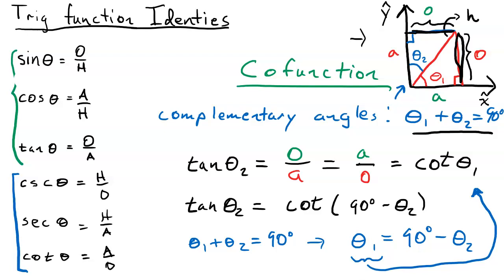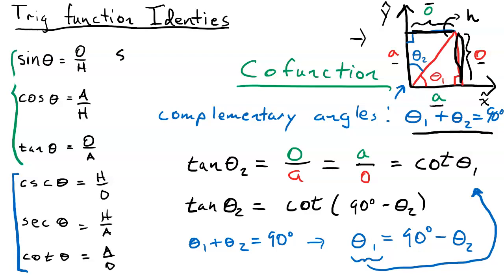Then the opposite of each angle will be the adjacent of the other angle. So this is how we get the definitions of all the cofunctions.